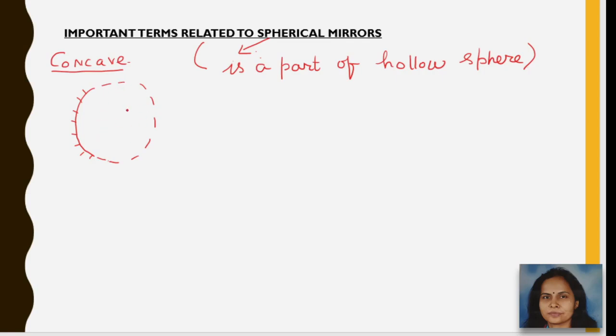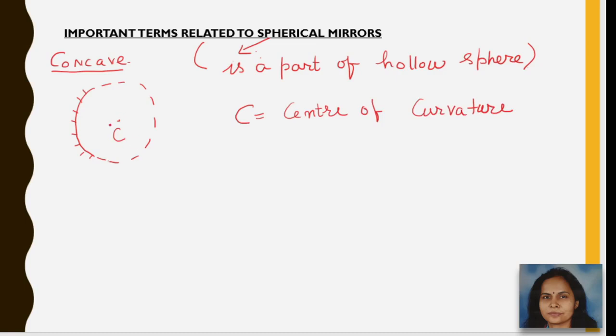I hope I'm clear with this part, why I'm saying that every spherical mirror is a part of the hollow sphere. Now that hollow sphere definitely has its own center, and this center is known as the center of curvature. So what is C here?